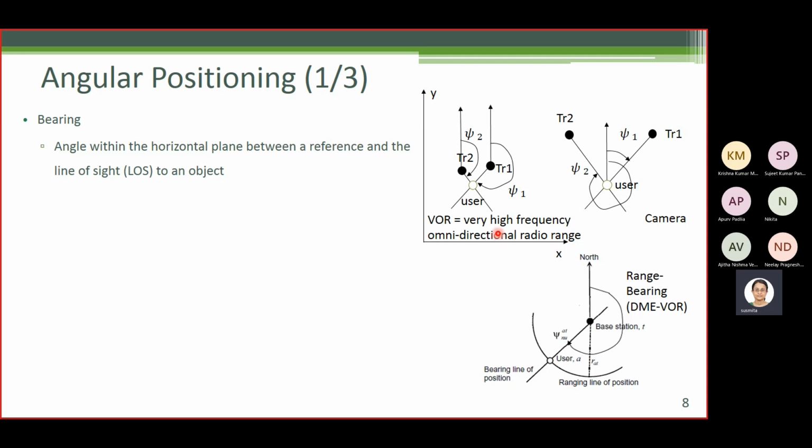VORs were used in commercial aircraft in the last century. But as we discussed, with angular positioning we do not get good accuracy when the distance between transmitter and user increases.